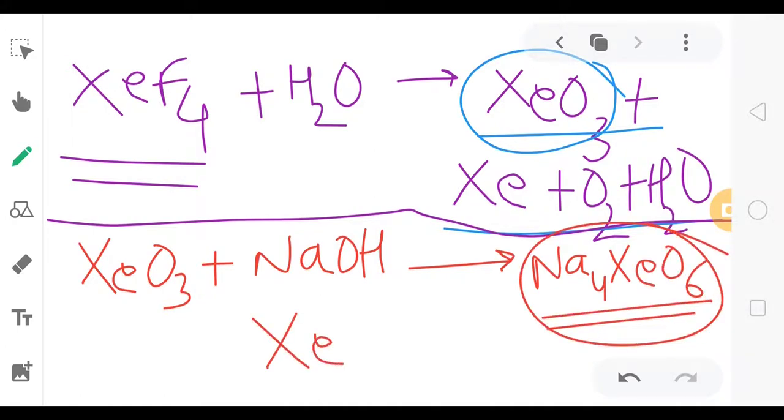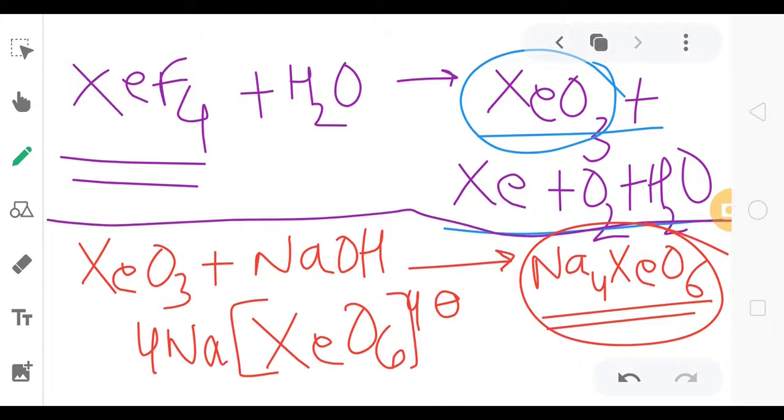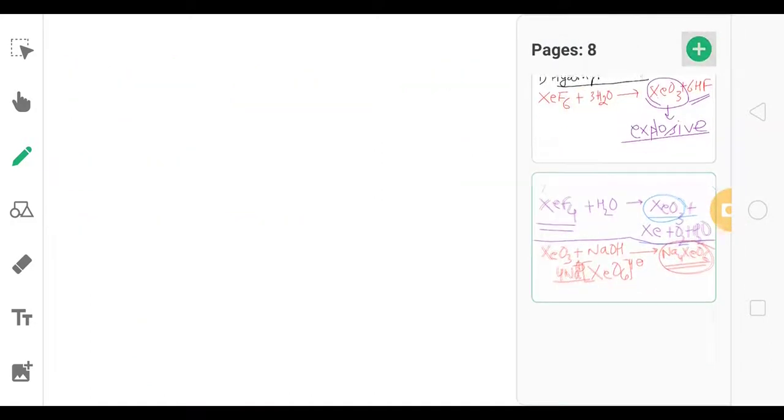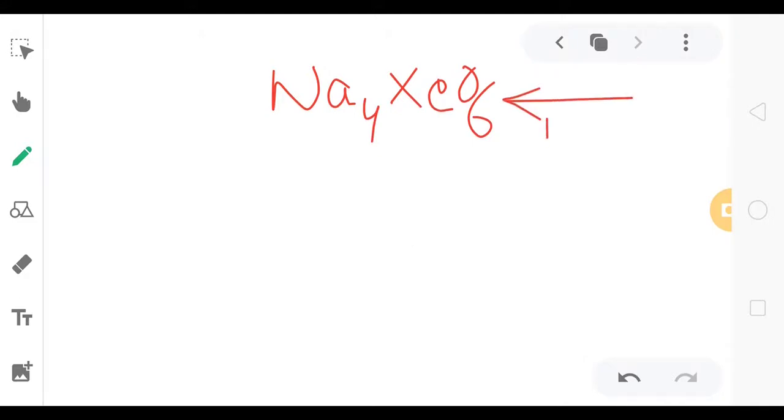You can also write it as XeO6 4 minus, because there are 4 Na plus and 4 negative charges. All right. So these are very important reactions.